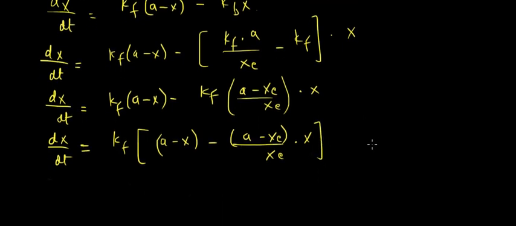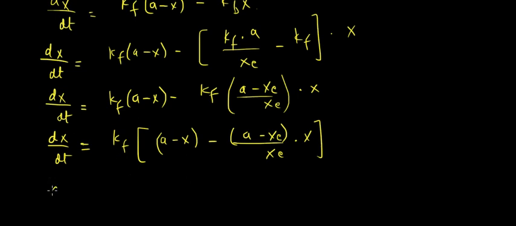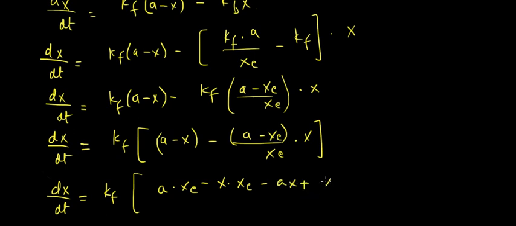Okay, so just simplifying this equation, you would be getting kf times, just taking the whole denominator as xe, a times xe minus x times xe minus a times x plus x times xe divided by xe.